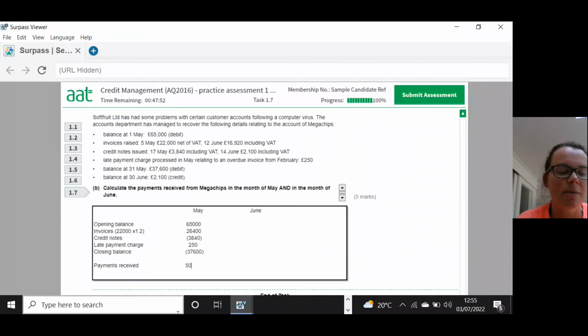And the similarities here with the working that you had to do for the cash flow statement in the financial statements unit. And then June, so we're starting with our closing balance of 37,600 debit. We've got our invoices. You see what I'm doing here with this table situation. So this one includes VAT, so 16,920.